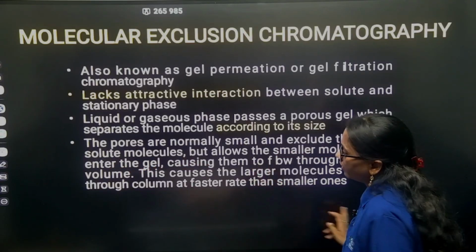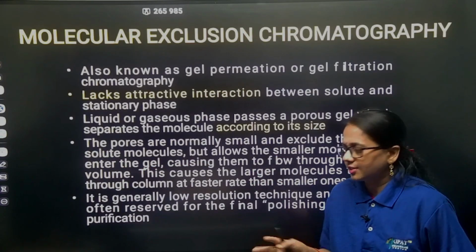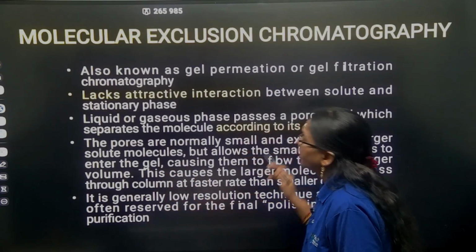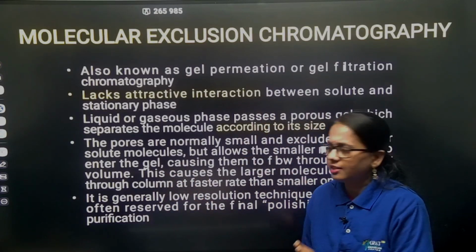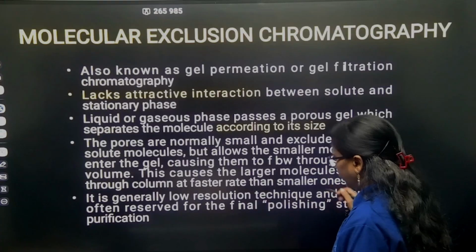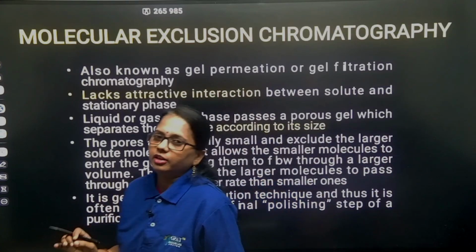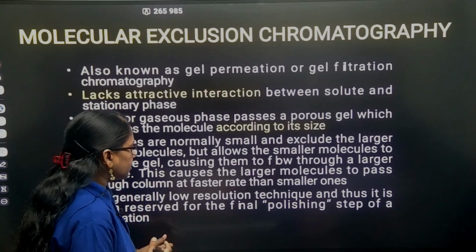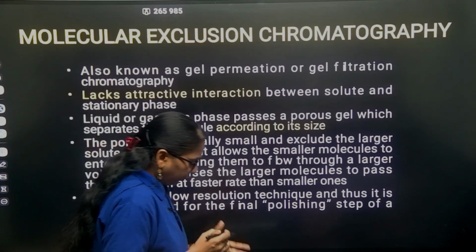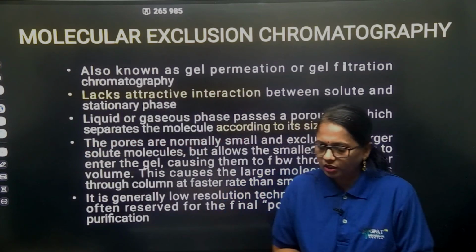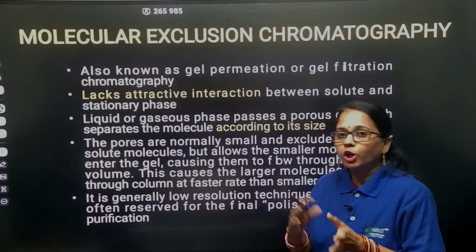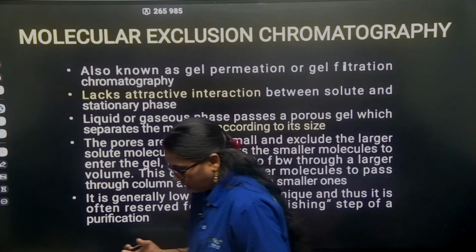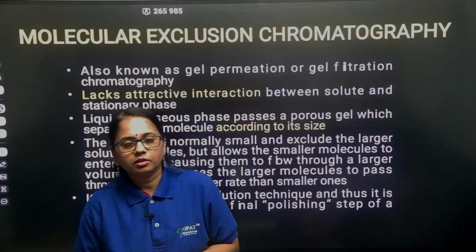So in this way you can separate based on size. Generally it is a low resolution technique, okay. The resolution could be poor in this case, but if you use polymers, the mixture mostly may not contain more than one or two of the required polymers.